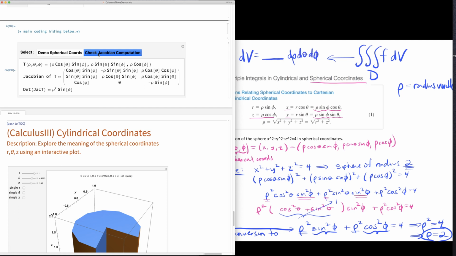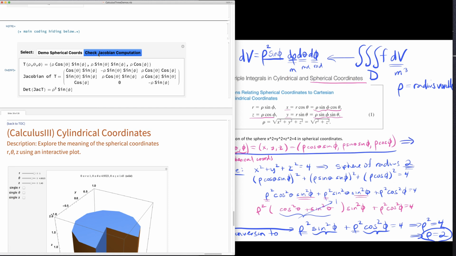But we can see that dV is supposed to have the units of volume, meters cubed. But only one of these is measured in meters. The radius is measured in meters, and these angles, d theta and d phi, are measured in radians. So we need some sort of fudge factor that is going to compensate and turn radians into meters. And so what we have here is a fudge factor, the determinant of the Jacobian of this transformation.